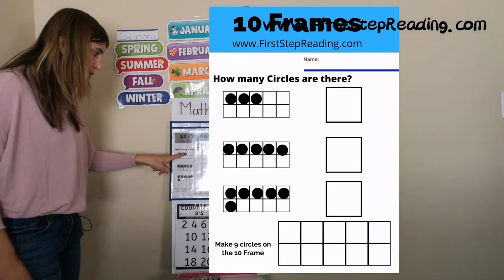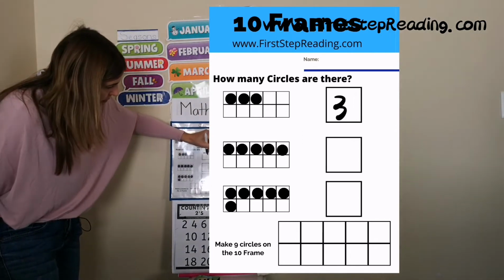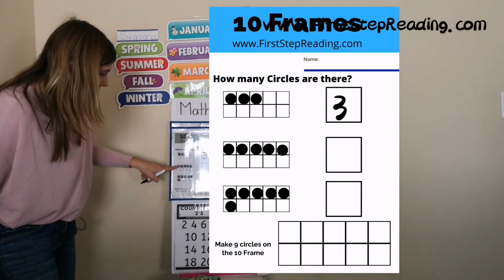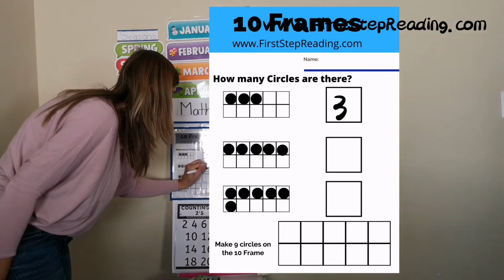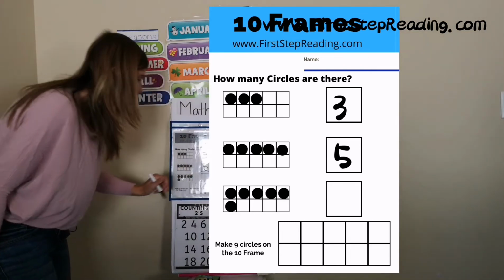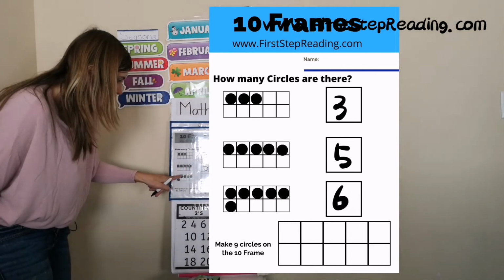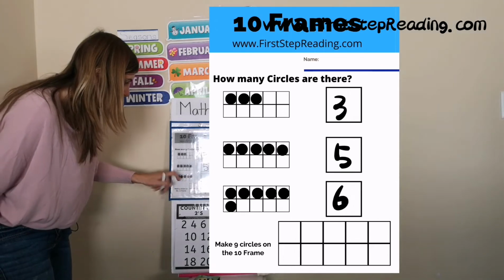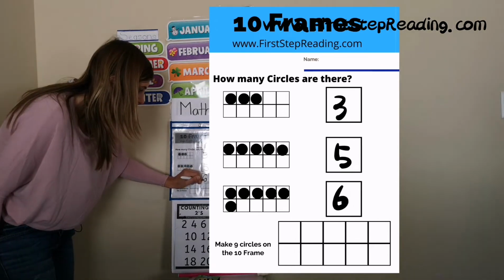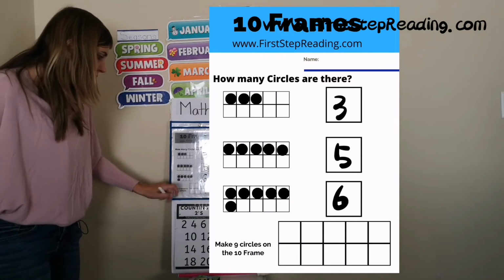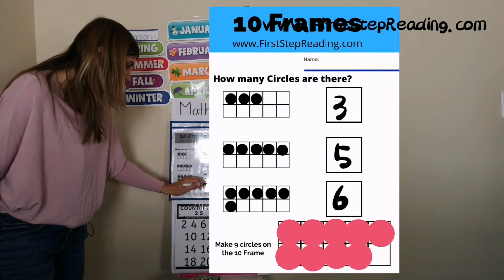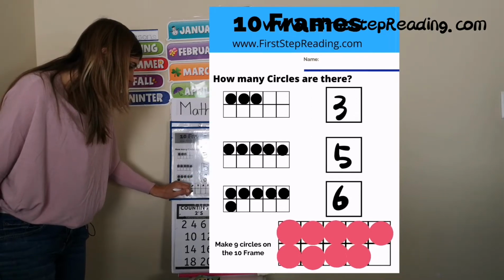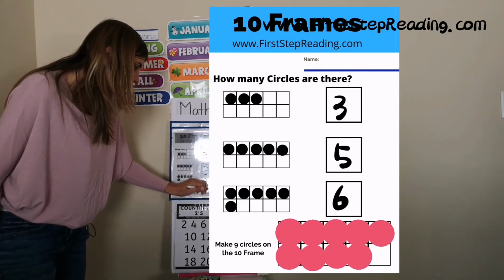I count 1, 2, 3. I write my number. I count here 1, 2, 3, 4, 5. I write my number straight down and add my hat. Okay, here 1, 2, 3, 4, 5, 6. I write my number. Make 9 circles, so I make 1 in each box. 1, 2, 3, 4, 5, 6, 7, 8, 9.